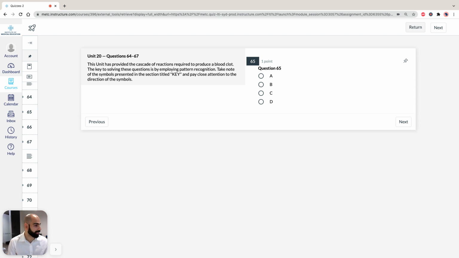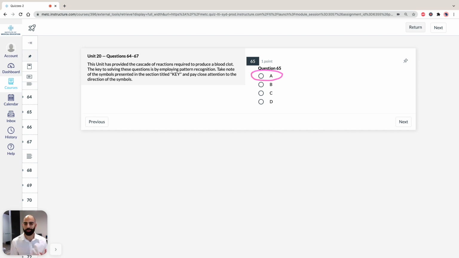So if we take a look at the options available, the only option that fits that description is going to be A. So it enhances the activity of factor 9A. Because it's a cofactor, it helps in the conversion of factor 10 to factor 10A. So therefore, the answer has to be A.